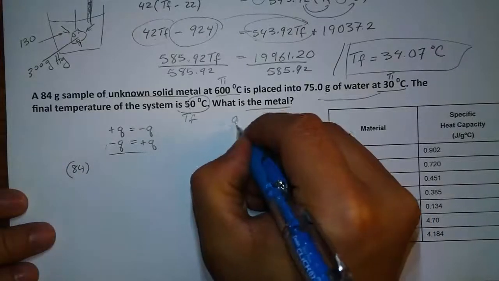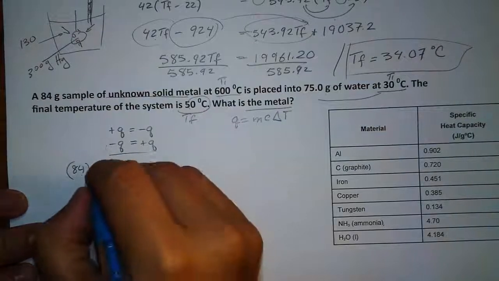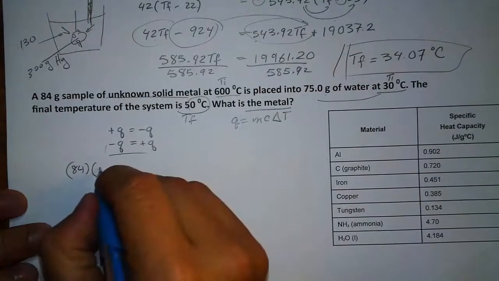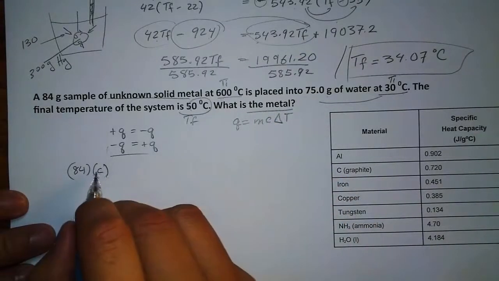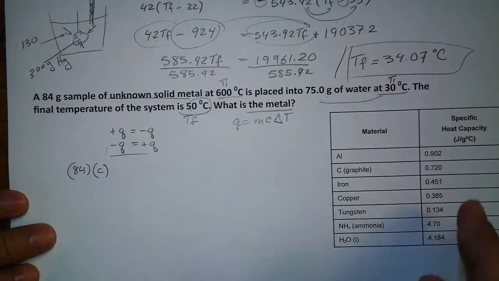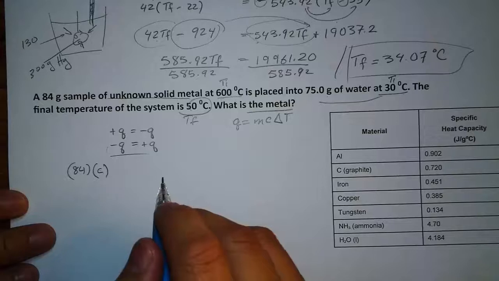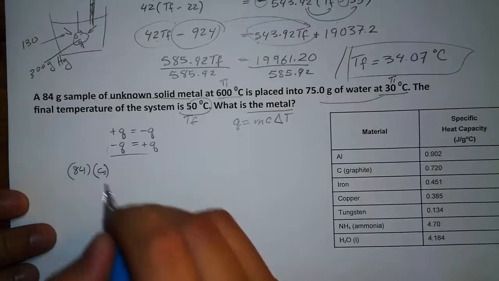Again, going back, Q is equal to mCΔT, right there. So 84, and we have a specific heat for the metal? We don't. We are solving for it. That's the reason why we're looking for the piece of metal. And once we know the specific heat capacity, we can correlate it and determine the identity of the metal. So we know that we are looking for Cs of the metal specifically.